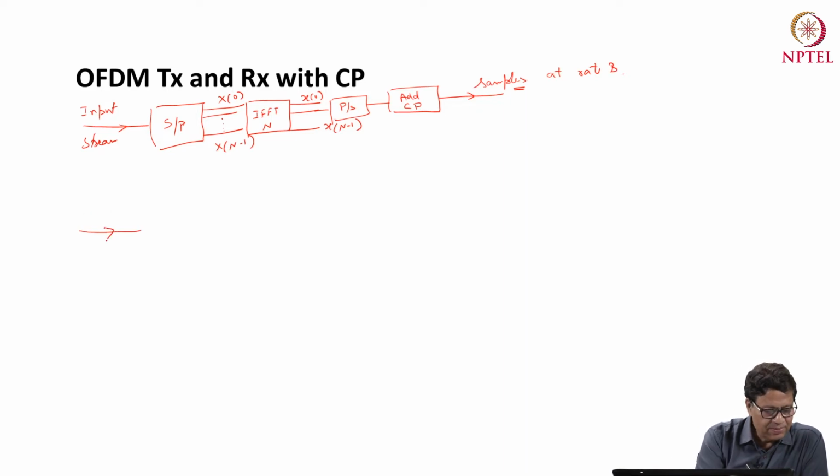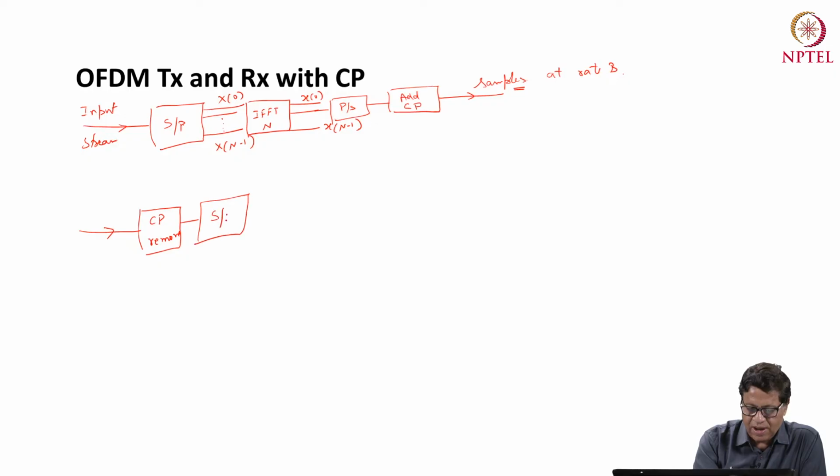Now on the receiver, the first thing is that CP is removed, CP remove. Then serial to parallel, and you get these samples out.